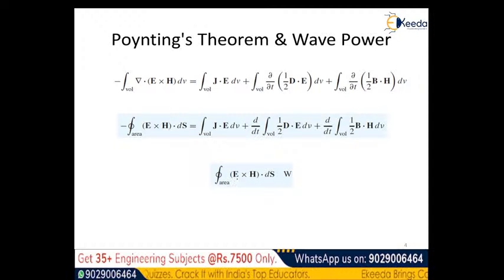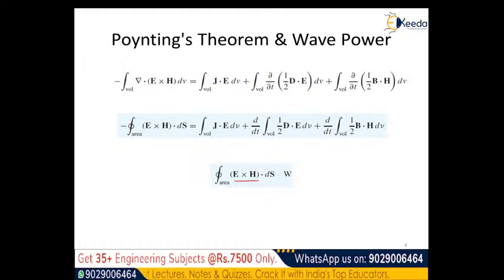If we have E and H directions in a particular plane, the resultant vector of this cross multiplication will be perpendicular to that plane. Of course there are two alternatives for that perpendicular direction, which can be determined based on the right hand thumb rule. So there it will be a vector quantity as a result of the cross multiplication of E and H.